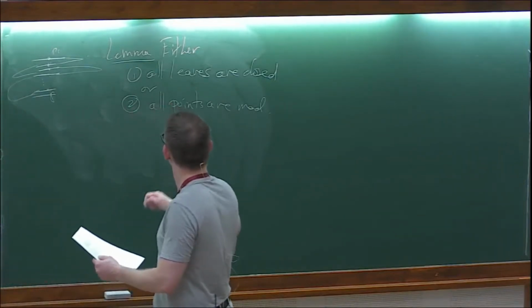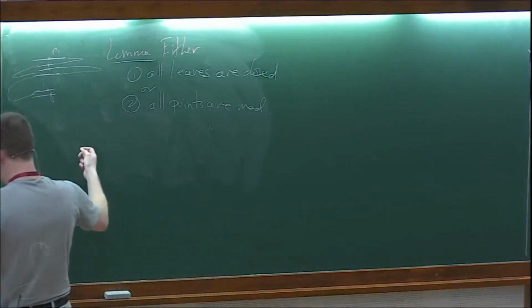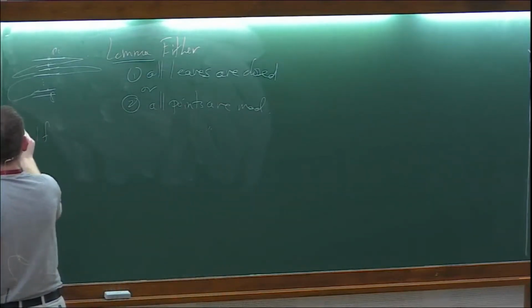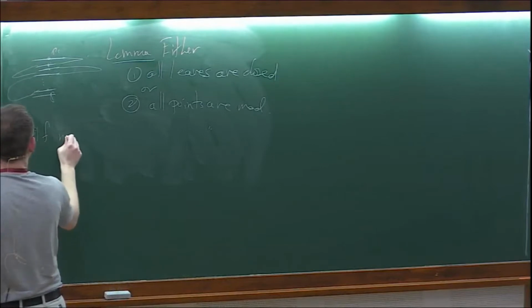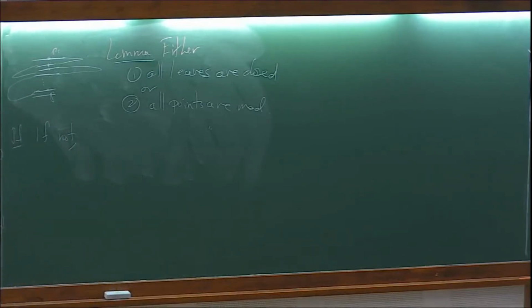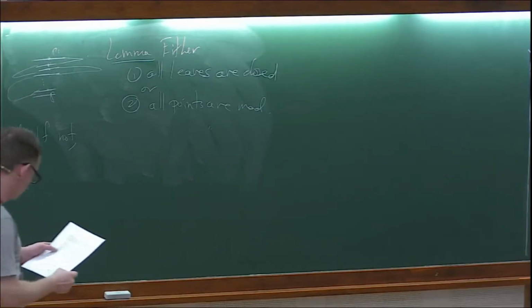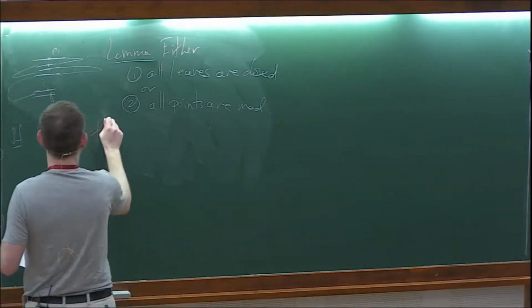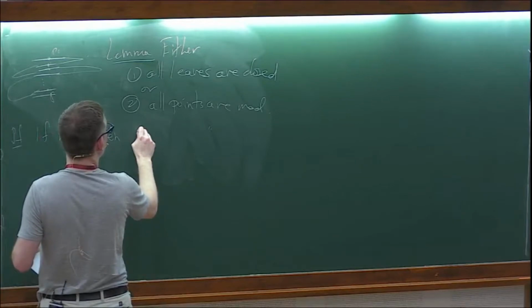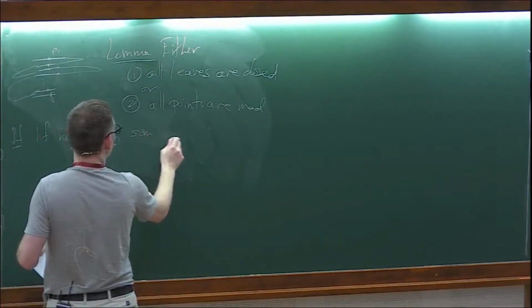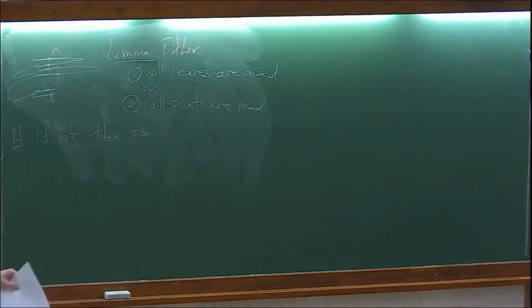So, okay, what do we want to think? We want to think about these mad points. So here's the proof. If not, so it's not the case that all the leaves are closed, and it's not the case that all the points are mad. Everything is transitive.